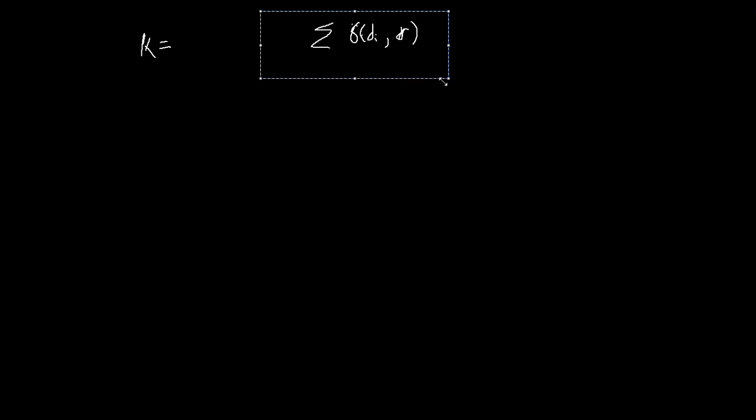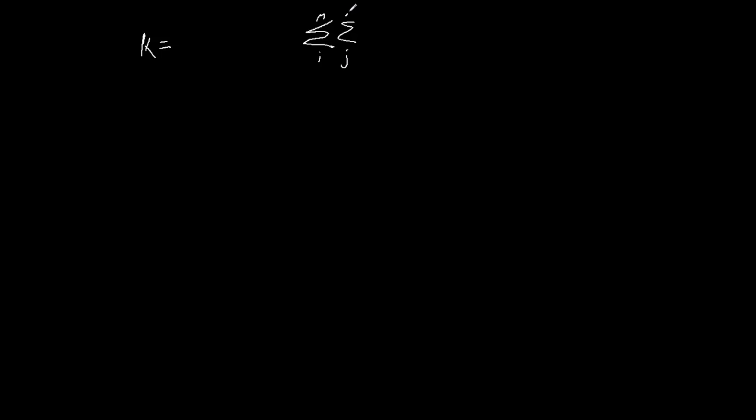But now, instead of doing just the point to its nearest neighbor, what we have to do now is consider the distances between all points. And that's going to look a little more complicated, but I promise you that it's not really. Instead, we're going to do a double sum of i to m and j to m.